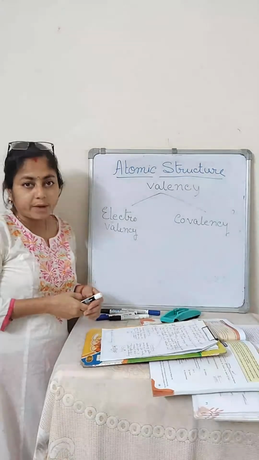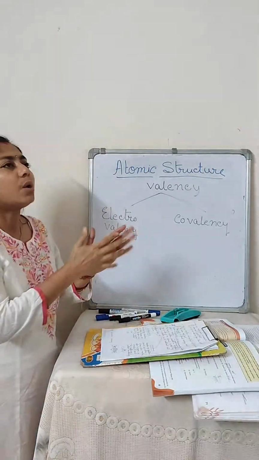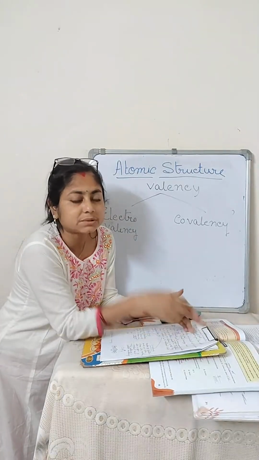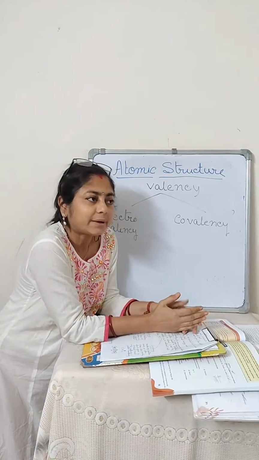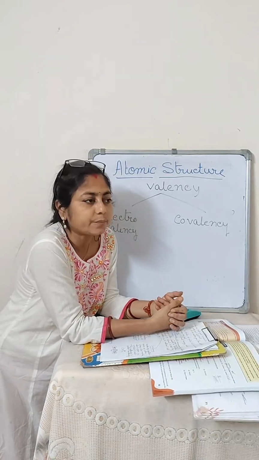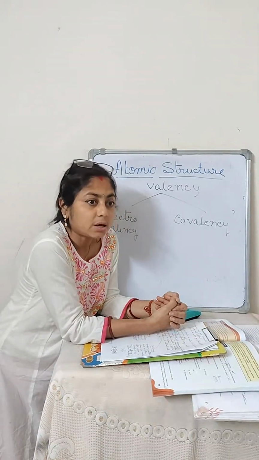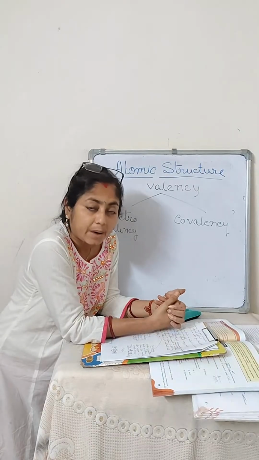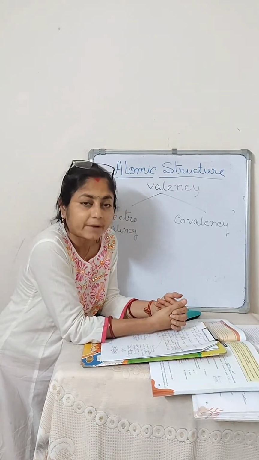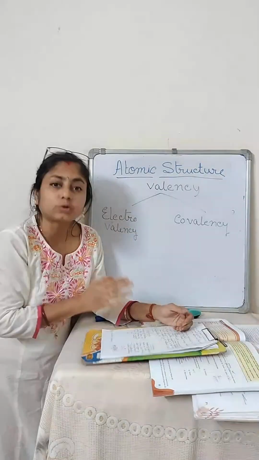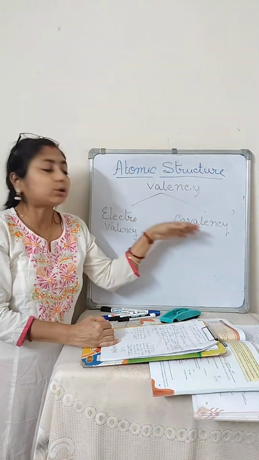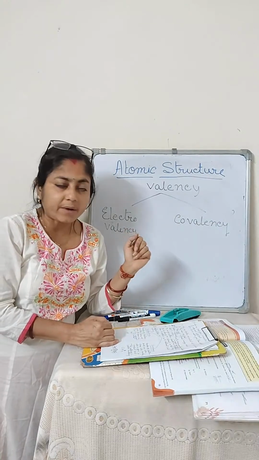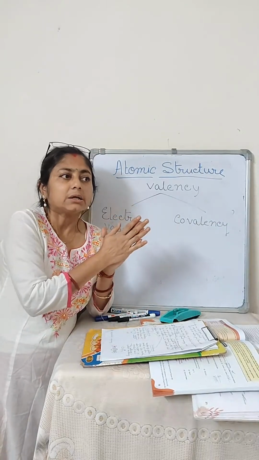Electrovalency and covalency. Electrovalency is when atoms give electrons, becoming positive cations, and others take electrons, becoming anions, and in this way they make a compound. Then that valency is called electrovalency. We totally give and totally take. But in covalency, what happens?